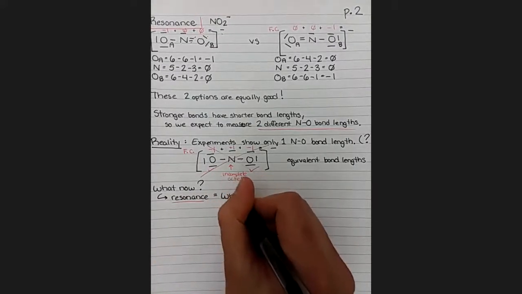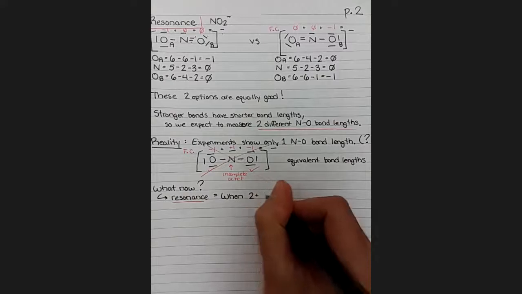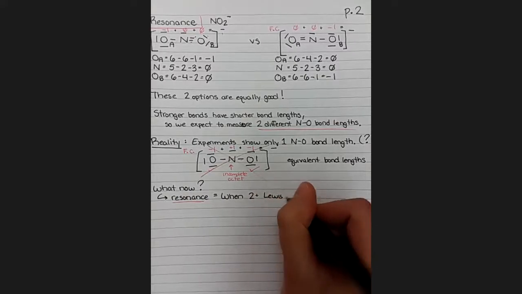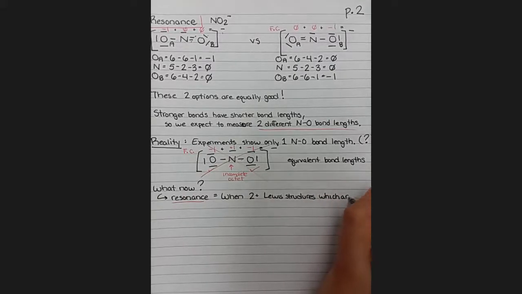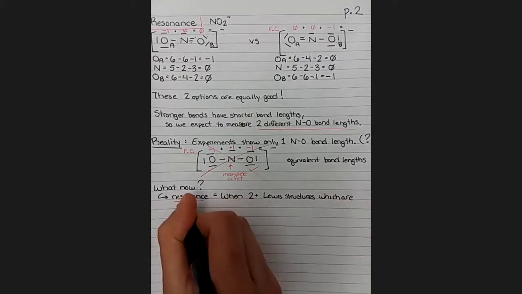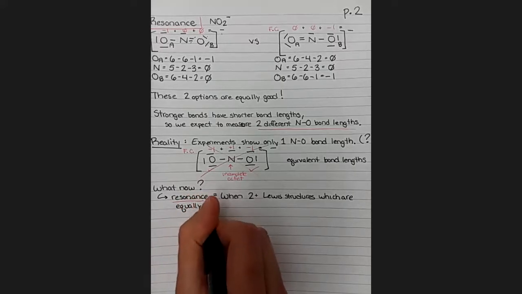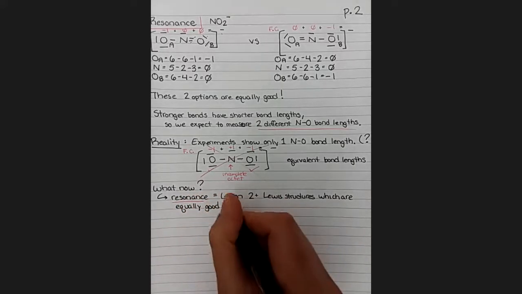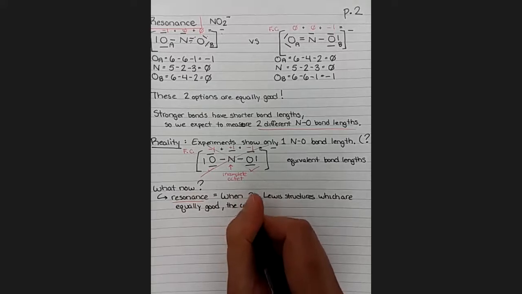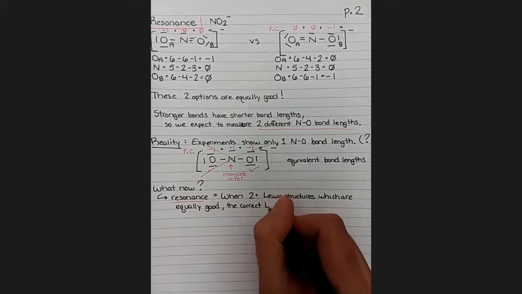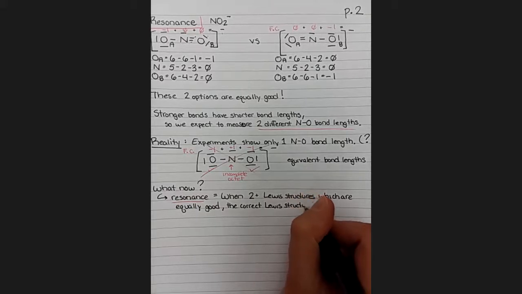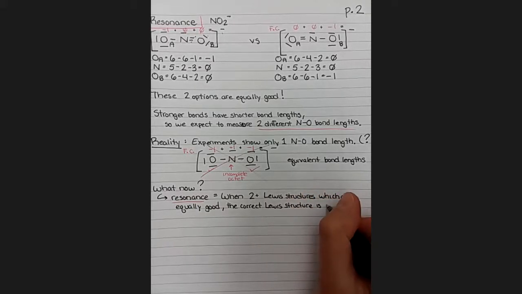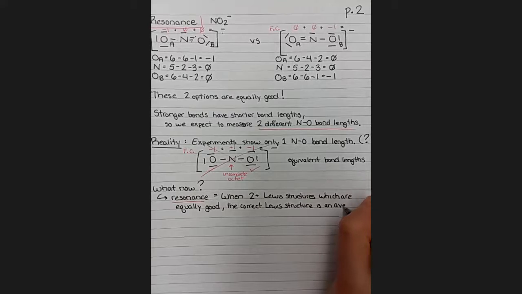So resonance indicates when you have two or more Lewis structures which are equally good, the most correct Lewis structure to represent what it really looks like experimentally is an average of all of the possible options, or rather an average of all the legal options.